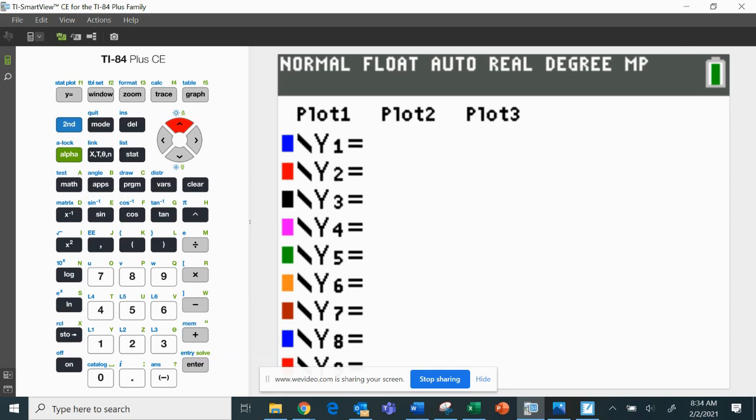Okay, how do I type in 1/2 y squared equals x? Nina? You don't know? Ryan, you doing this with us? Are you on Y equals?